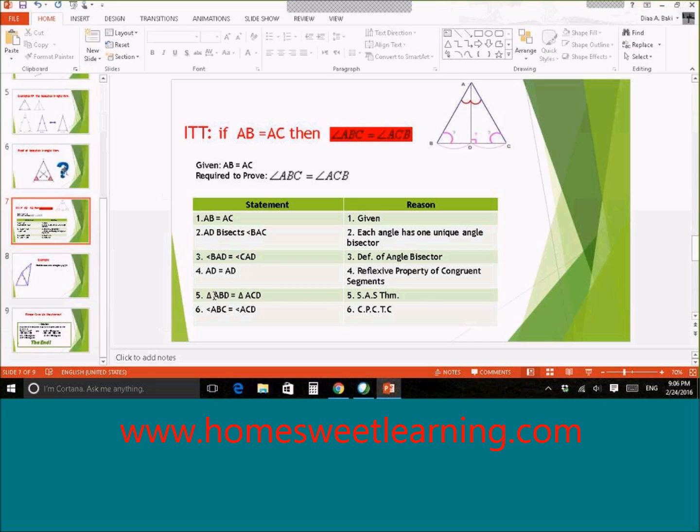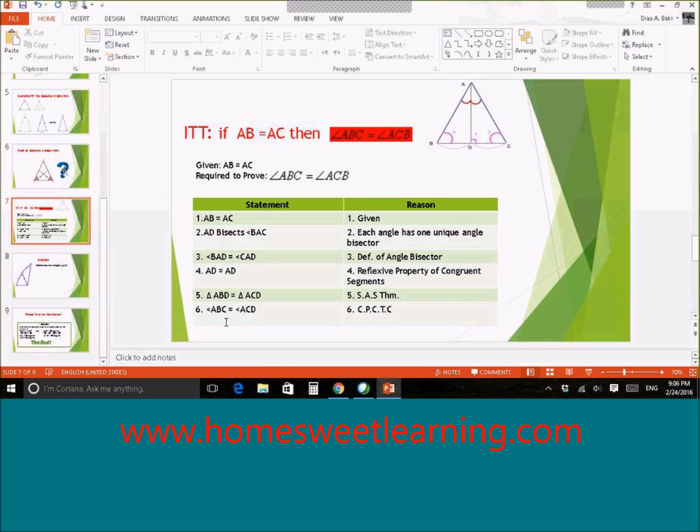A corresponds to A, right? B corresponds to C, and D corresponds to D. It's common. Those two triangles are congruent, as we said, by side, angle, side.